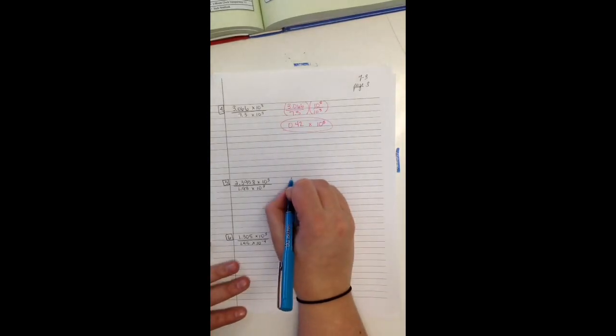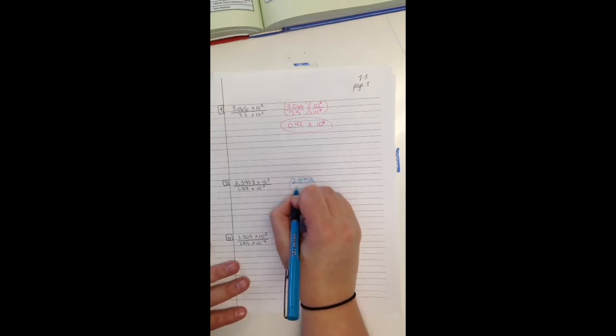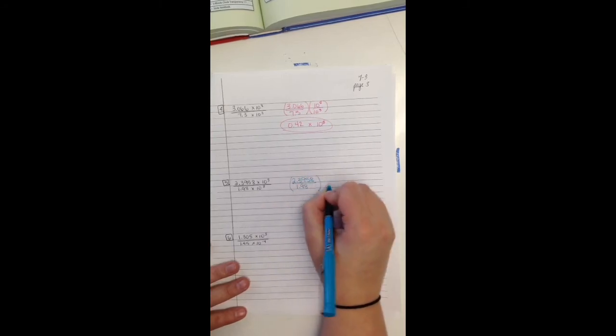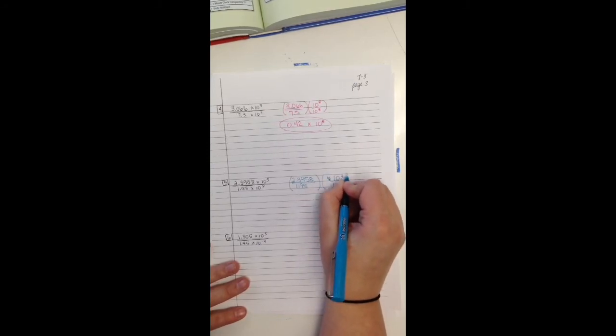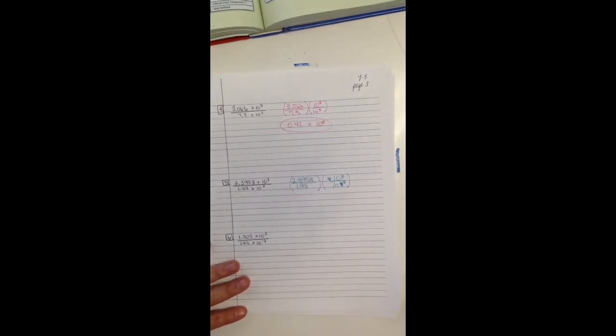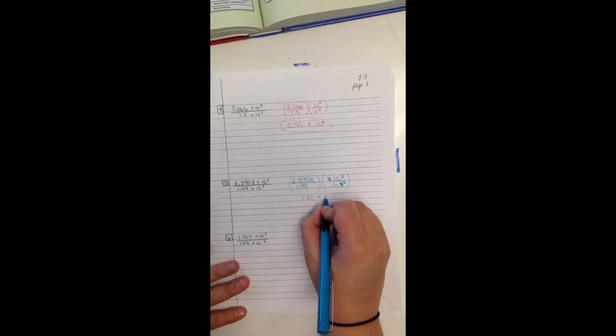I'm going to take 2.3958 divided by 1.98 times 10 to the 3rd over 10 to the 8th. So 2.3958 divided by 1.98 is going to give me 1.21 times 10.